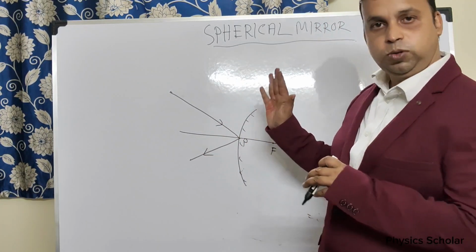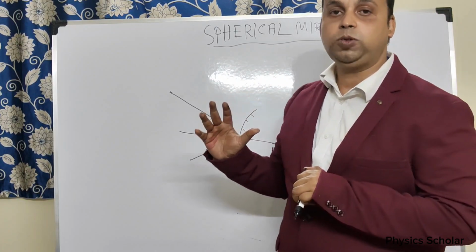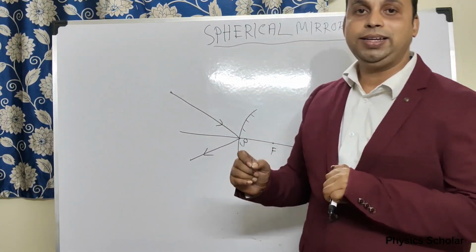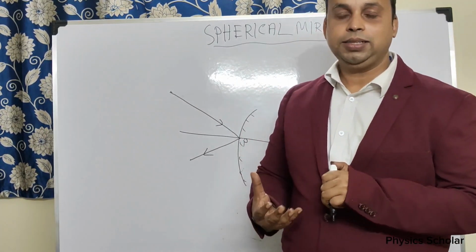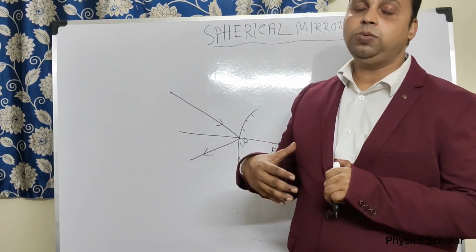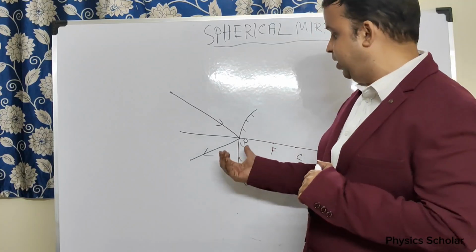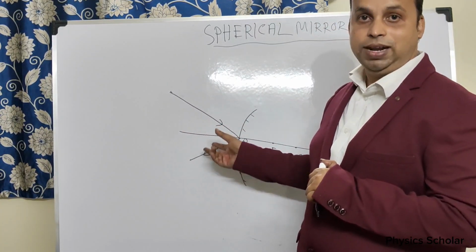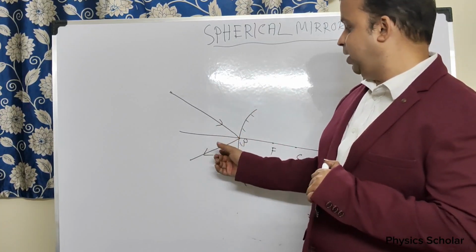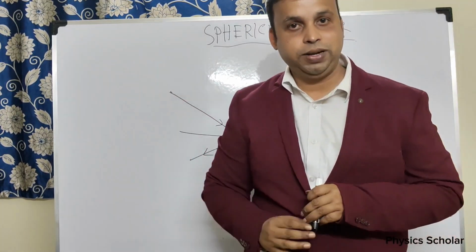Okay, so you have to remember that, and be very careful when you are writing the answer. So I think this slide will help you clear your doubts regarding what happens if a ray is incident on the two types of spherical mirrors, and in which direction it will be reflected back.